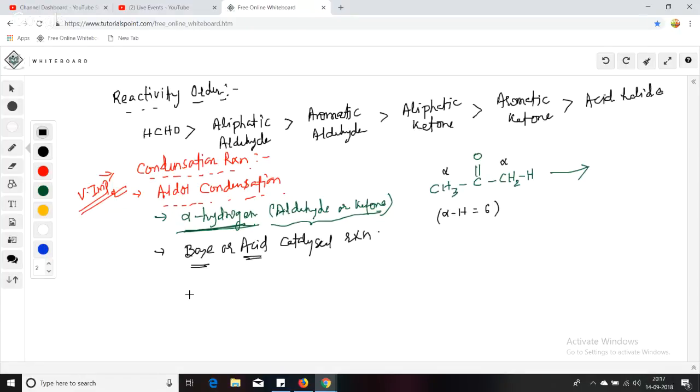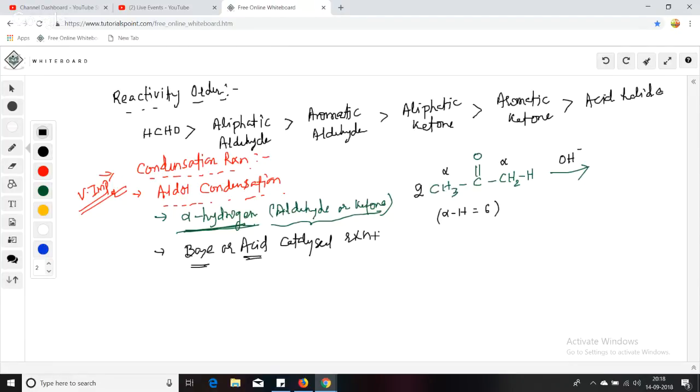Now suppose I am taking this particular compound and it is reacting in basic medium, suppose OH minus. In fact we cannot take one molecule of this, but we should take two molecules of it. For these aldol condensation reactions we take two molecules of one particular aldehyde or ketone.